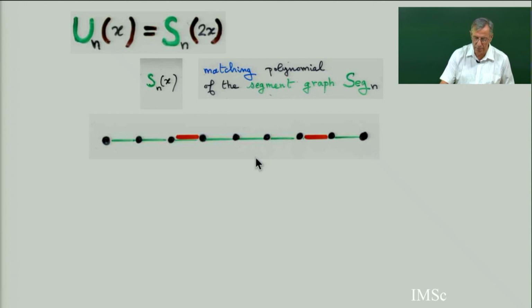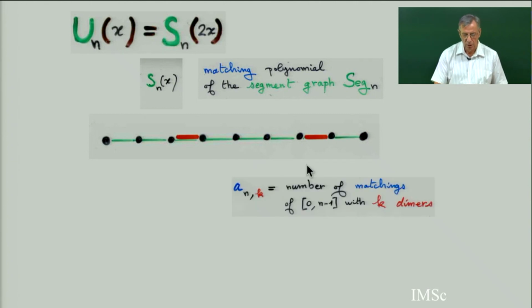So you take all possible matchings. If you write this number a_{n,k}, the number of possible matchings of the segment is better. Instead of taking 1 to n, I will take 0 to n minus 1. So it is a segment of n integers. So a_{n,k} is the number of matchings having k dimers. Here 0, 1, 2, 3, 4, 5, 6, 7, 8, 9.